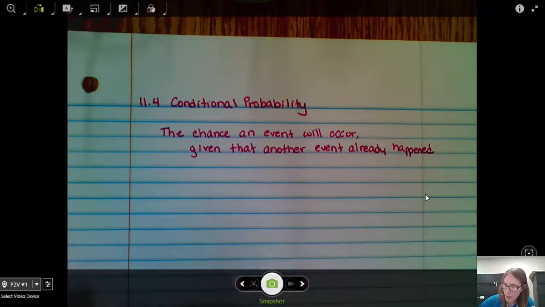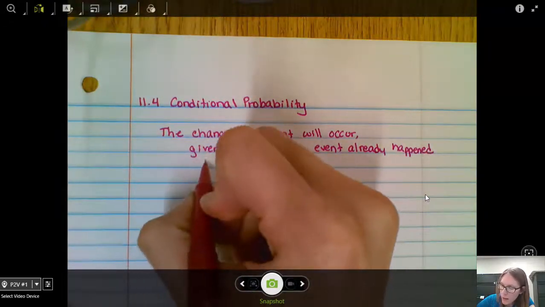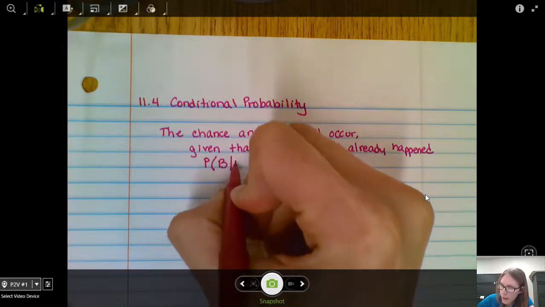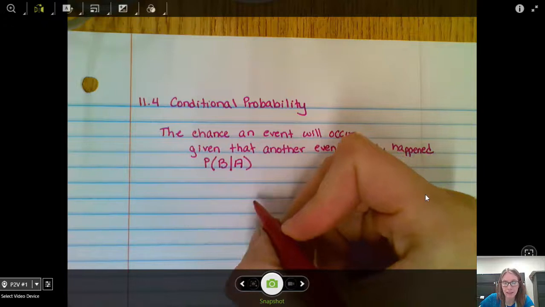But conditional probability, the notation for it looks like this. P of B given A, that vertical line here just means given.